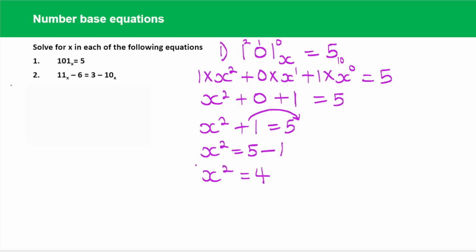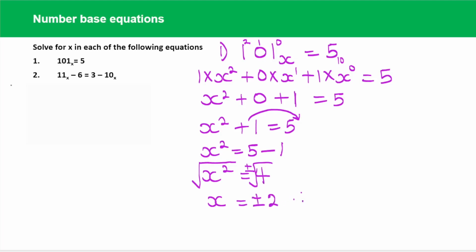Now the next step will be to take the square root of both sides. Remember, this is a quadratic equation, and every quadratic equation must always have two answers. So if I take the square root of both sides of the equation, I should include plus or minus. So the square root of x squared will give us x, and the square root of 4 will be plus or minus 2.